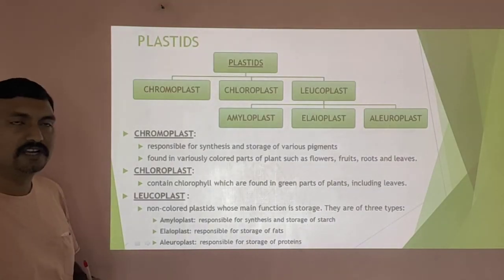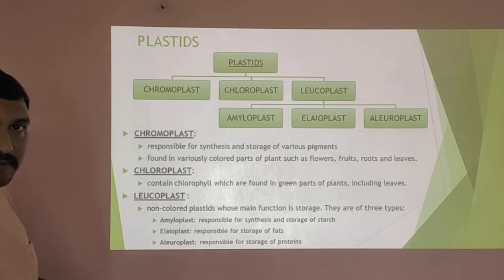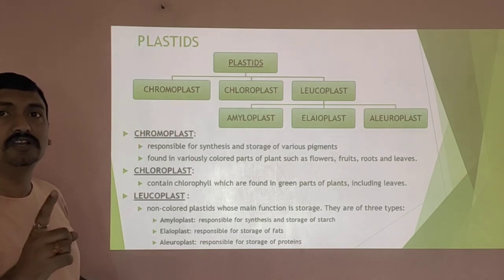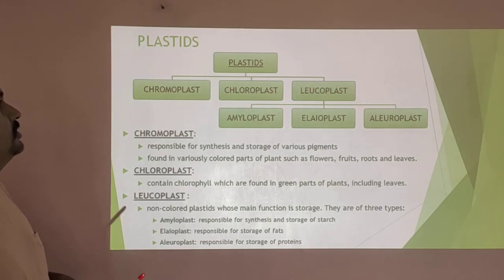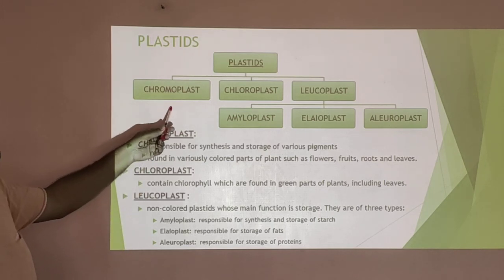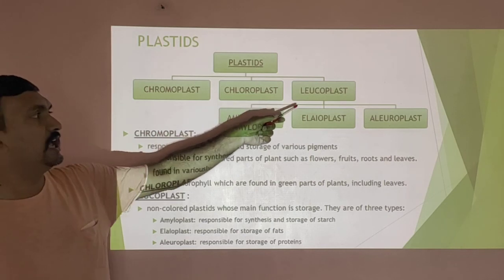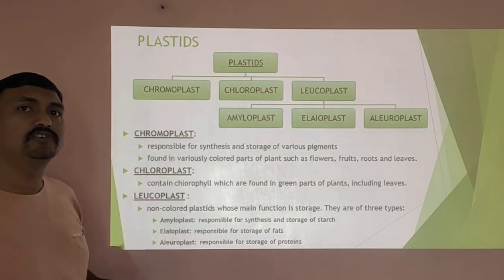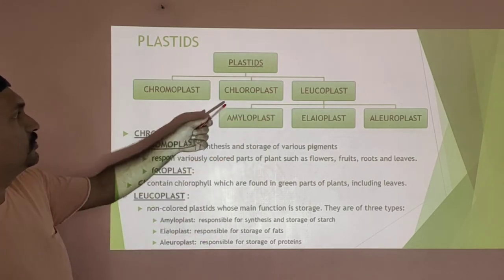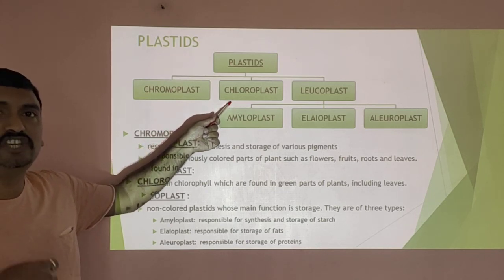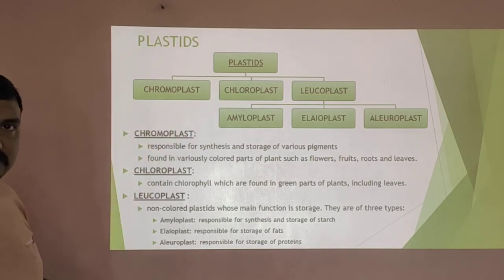Coming to the next organelle, that is plastid. Remember, plastid is present only in plant cells. Now, plastids can be classified into three types: chromoplast, chloroplast and leucoplast. In some books you will also find that chloroplast is basically a specialized type of chromoplast itself.